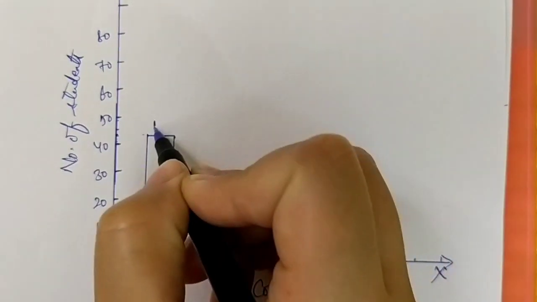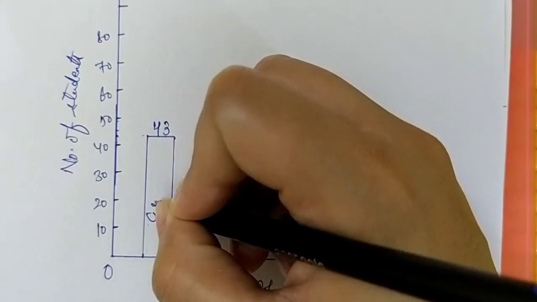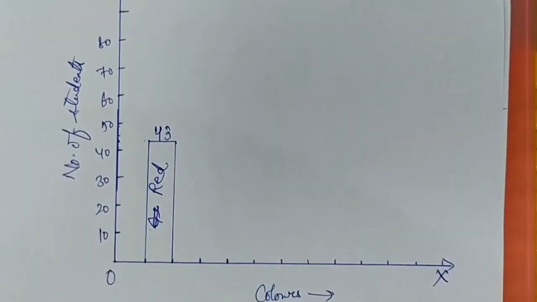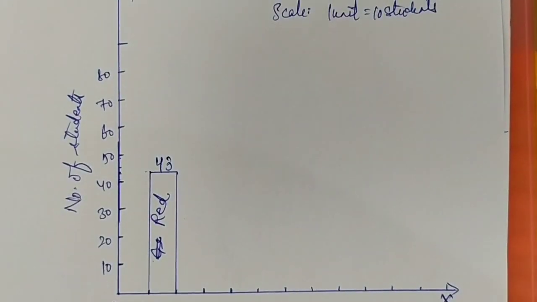And you can write that it is 43, and you can write it as your red color. Likewise, you can draw for other observation for other colors also.